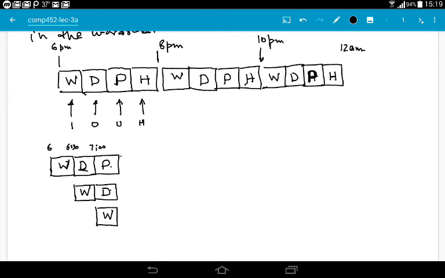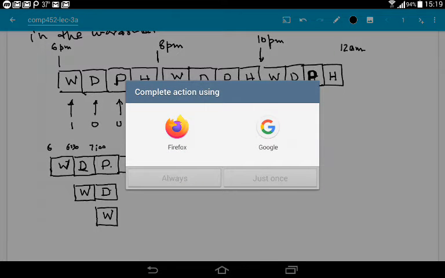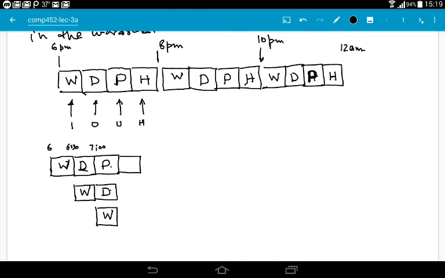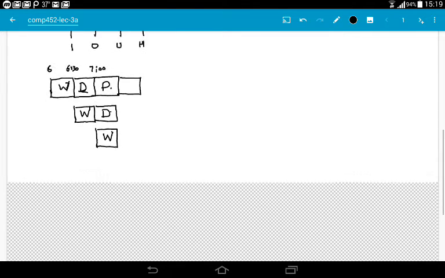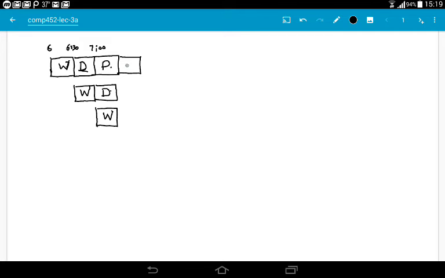At 7:30 Hasnat starts hanging the clothes in the wardrobe. At 7:30, this is 7:30, and Usman takes the second load and puts it on the table for pressing.